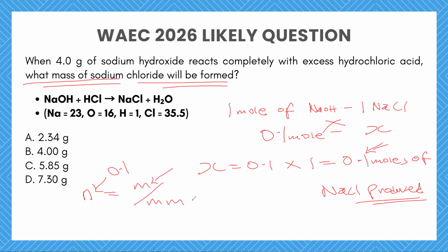The molar mass of sodium chloride will be given by Na plus Cl. So we have Na, which is 23, and Cl, which is 35.5. 23 plus 35.5 gives us 58.5.